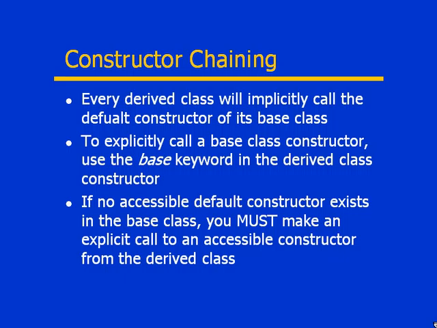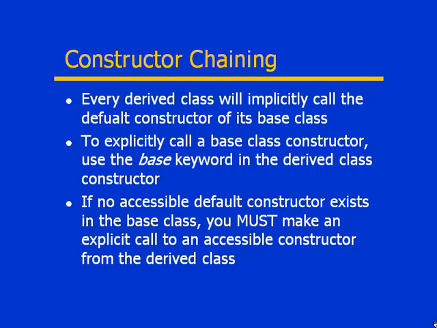But let's assume for a second that you had a base class that did not have a zero parameter constructor. Remember that if you create any constructor of your own, the compiler will not create a zero parameter constructor for you. So if you derive a class from that base class, and that derived class attempts to call the zero parameter constructor of the base class, what happens? Well, if that zero parameter constructor doesn't exist, then that's going to cause a problem.